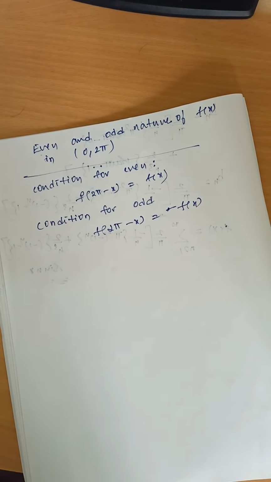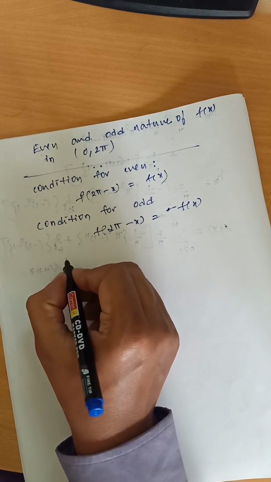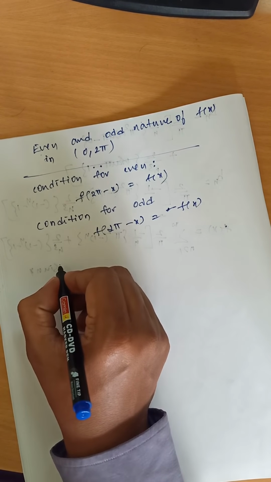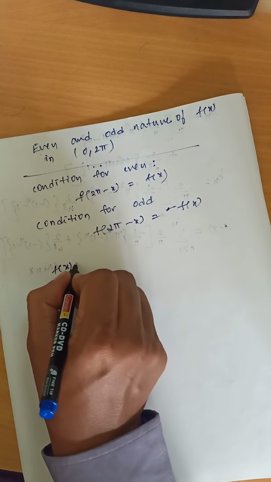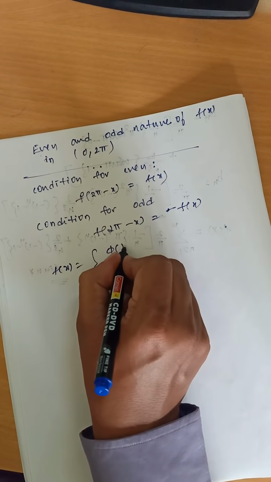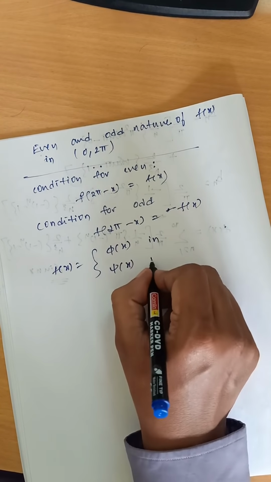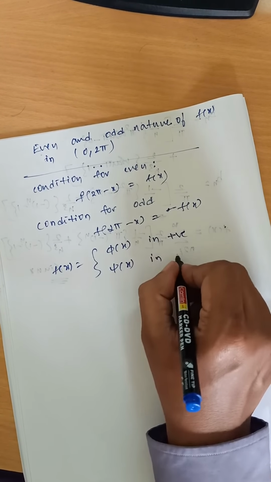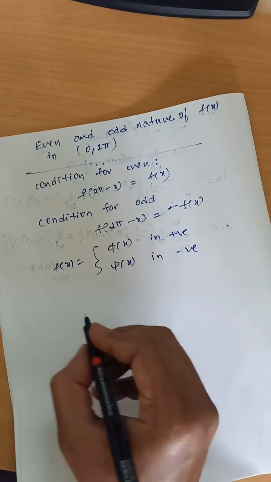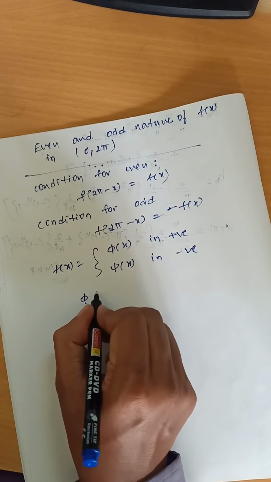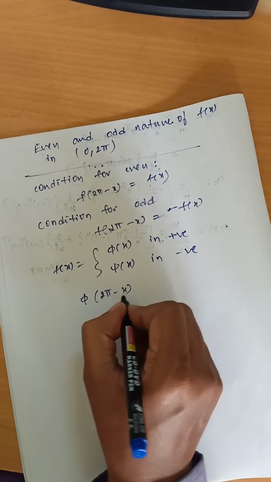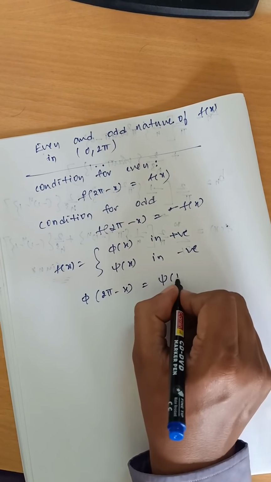Here also we discuss the discontinuous functions, that is f of x is equal to phi of x, xi of x, like this. Phi of 2 pi minus x is equal to xi of x.